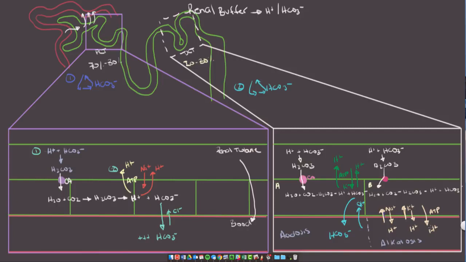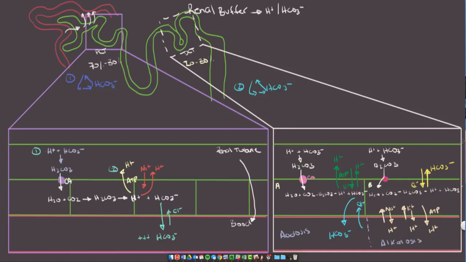The other difference that we're going to see with our intercalated cells type B is that instead of having an exchanger here that's accepting bicarbonate ions, we're going to see the opposite. So chloride ions are actually pulled in from the renal filtrate, and we start to see bicarbonate being pushed out into our renal tubule.